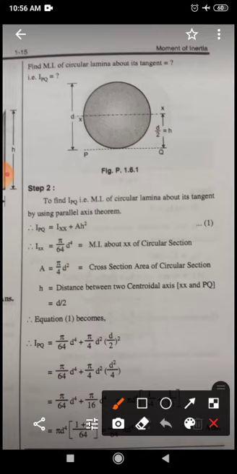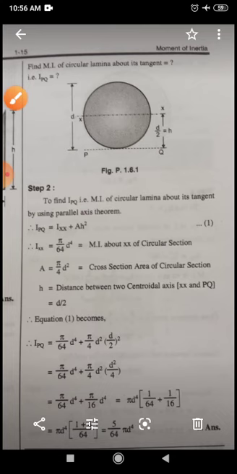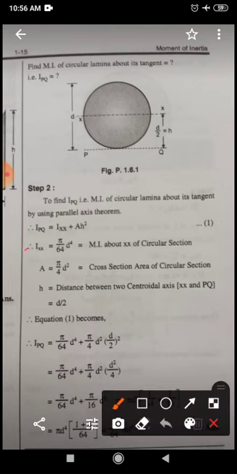This equation 1 is the principle of parallel axis, that is, the moment of inertia about any axis parallel to the centroidal axis is equal to the sum of the moment of inertia about the centroidal axis and the product of area and square of the distance between the two parallel axes. Now put all these values in this equation.